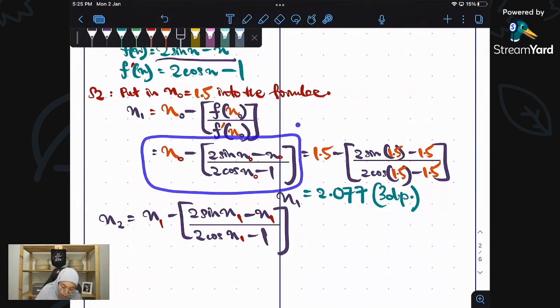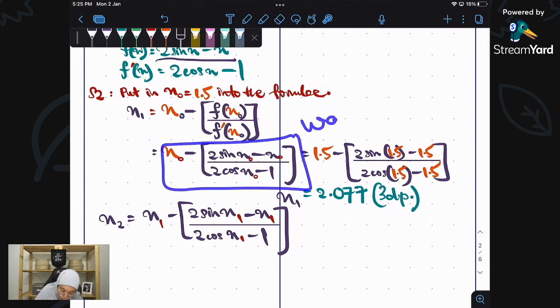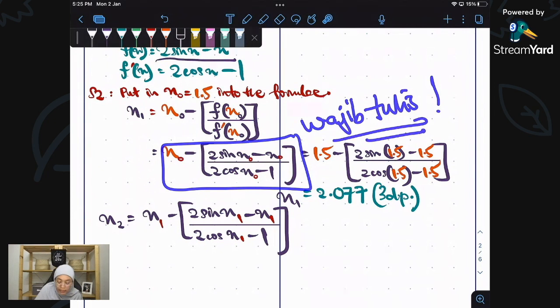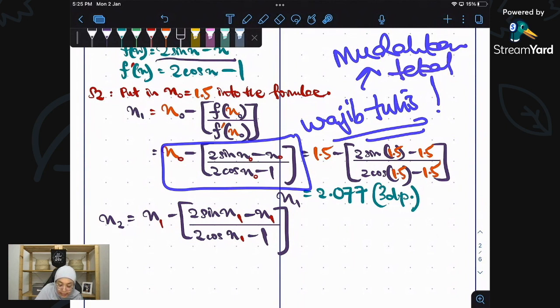This is your formula. So I would say you wajib tulis yang ini. Kenapa you wajib tulis? Sebab dia akan memudahkan you all dalam tekan calculator. Bila tekan calculator mudah, sebab you nampak seketul-ketul huruf X ini.